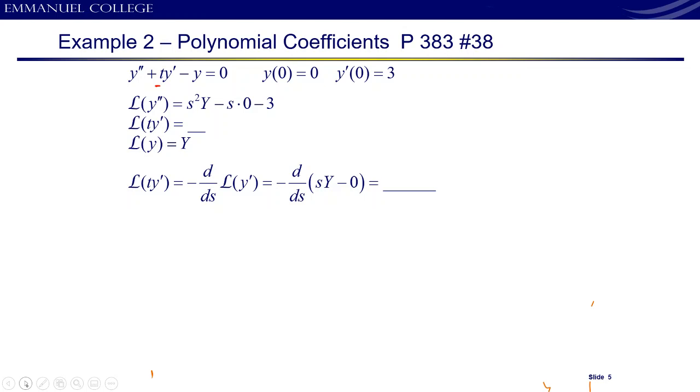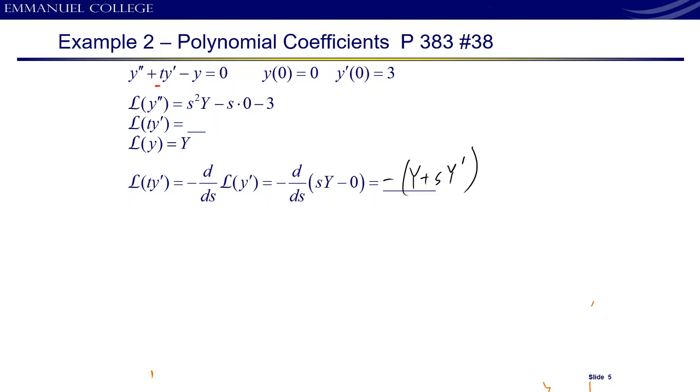And again, this comes from your y or s y at 0. So now you're just left with this is equal to negative y plus s y prime.